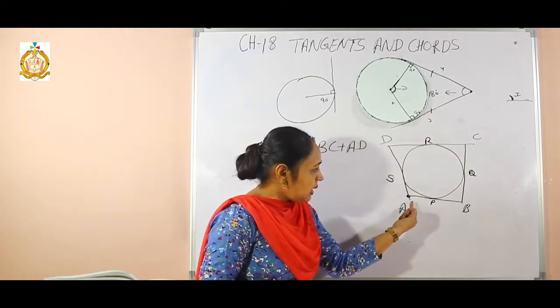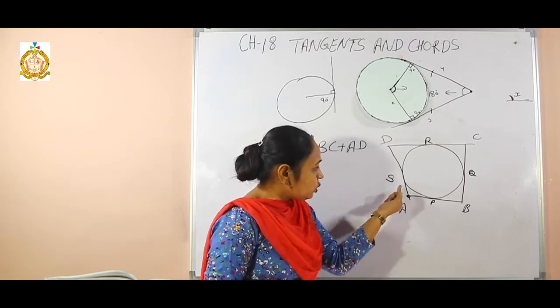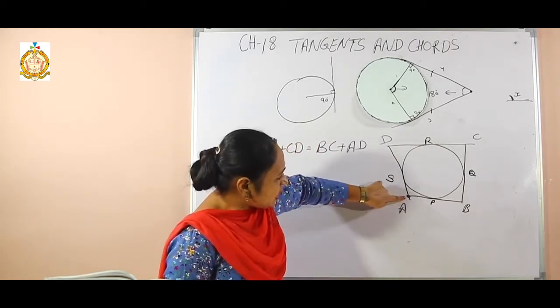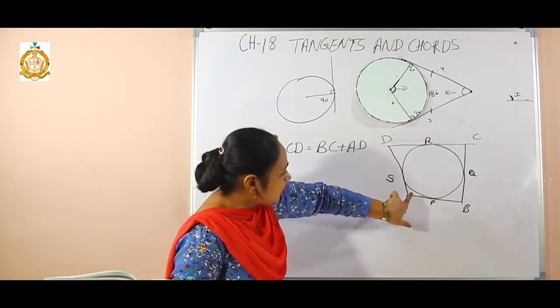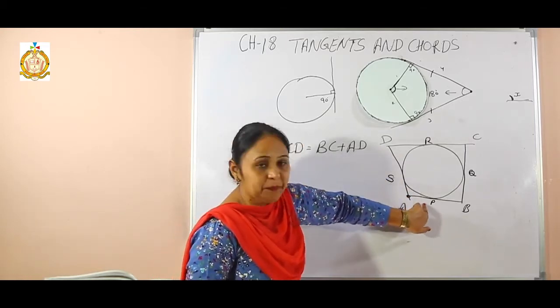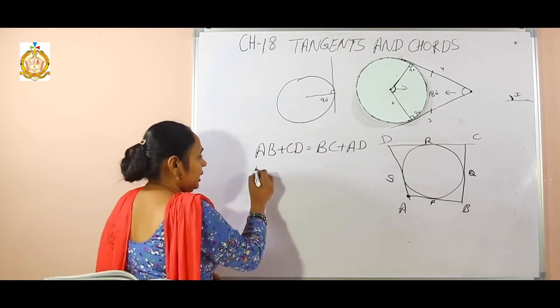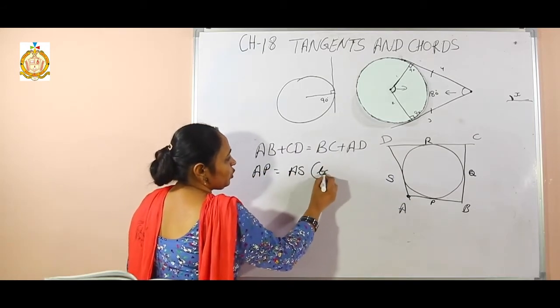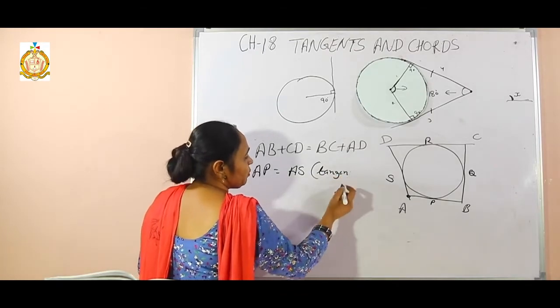Now see, AP will be equal to AS. Why? Because this is the same circle, and one tangent AS goes to this side, the other tangent AP is on this side. It means AP will be equal to AS, tangents from the same or common point.